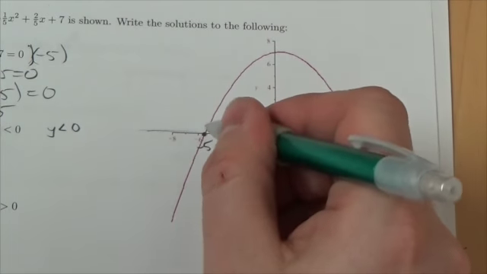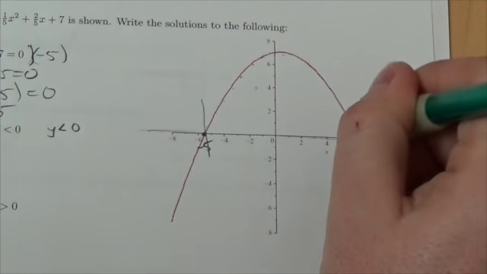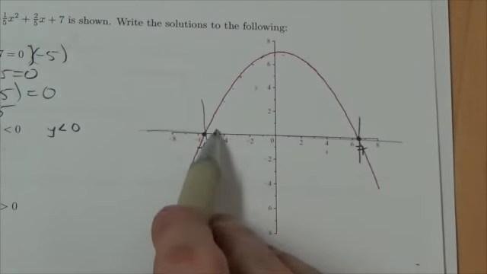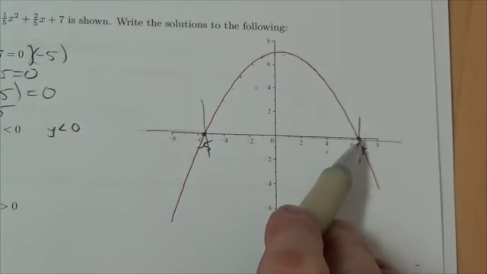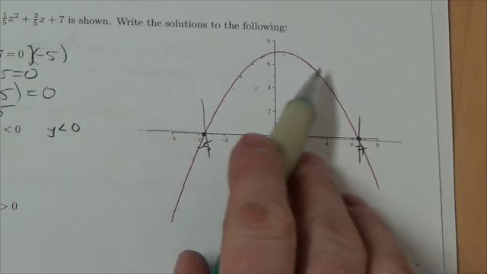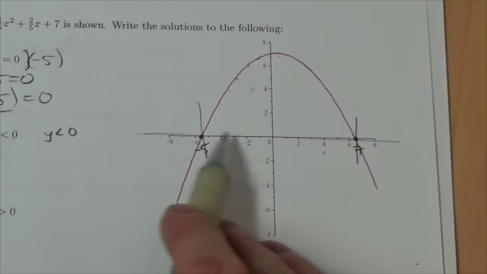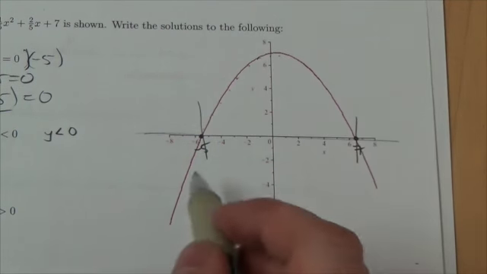Well, look, for any point that I can point to in between -5 and 7, for any one of those points along this curve in between -5 and 7, all of those y coordinates are going to be positive because they are above the x-axis. Okay?